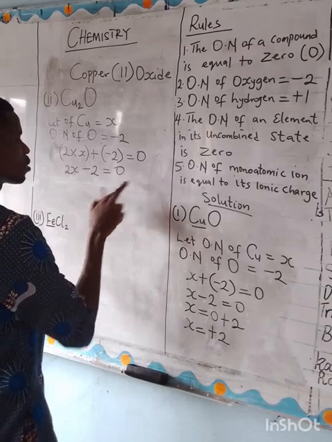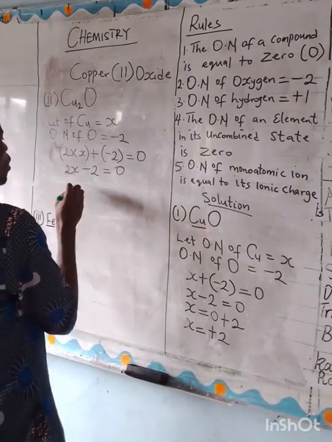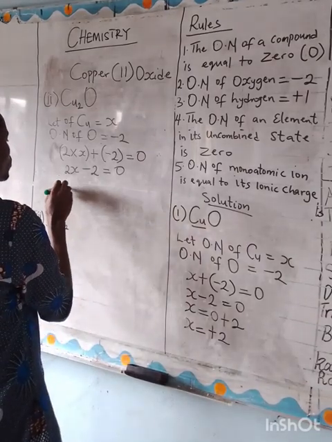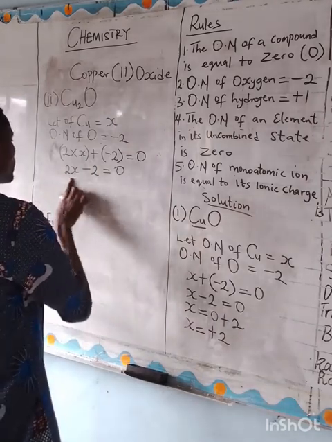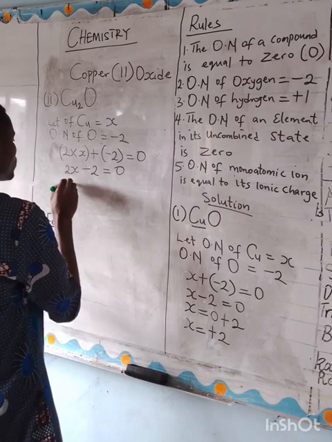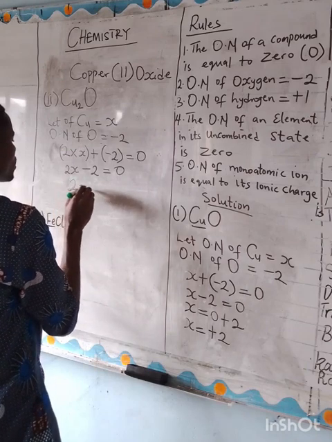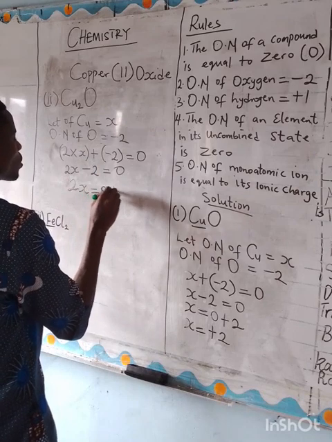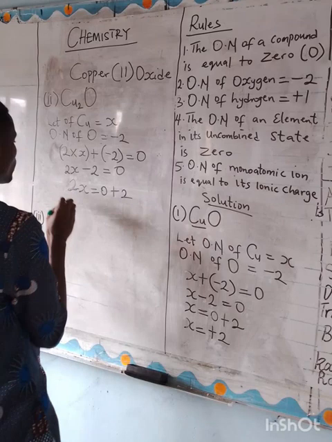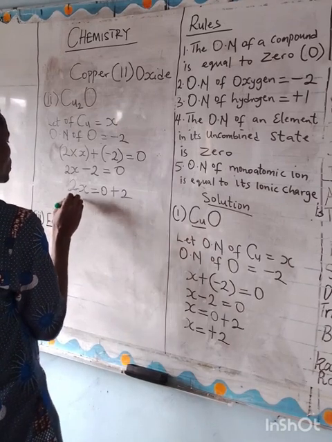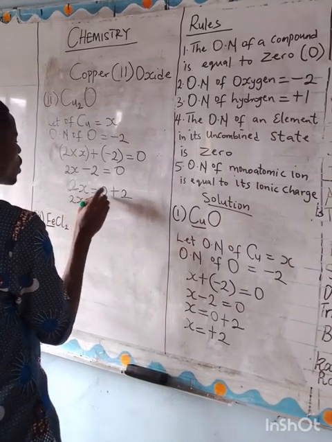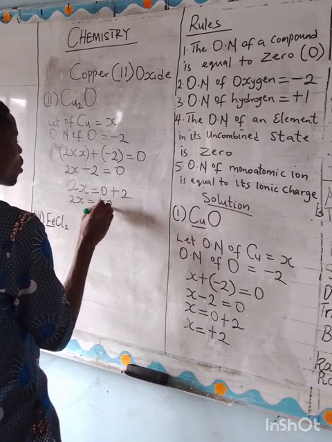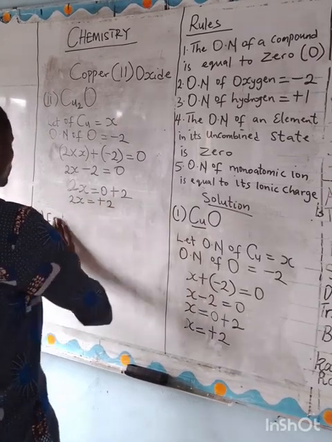So 0 is a number, so you take it to the other side of the equal sign. So 2x equals 0 plus 2. I hope you're following. Good. So this is 2x equal to plus 2. Always do it as plus 2.